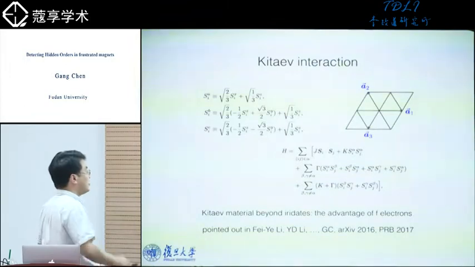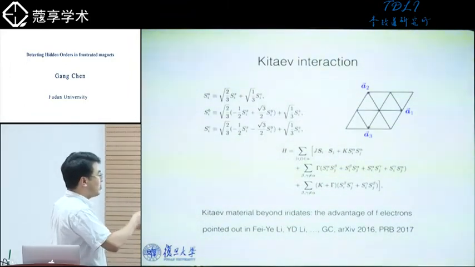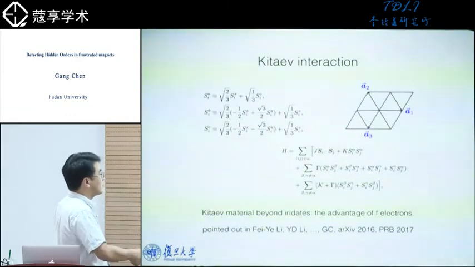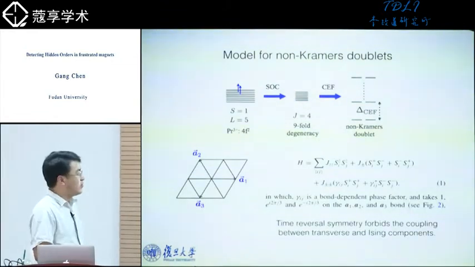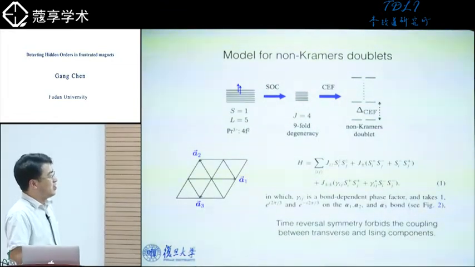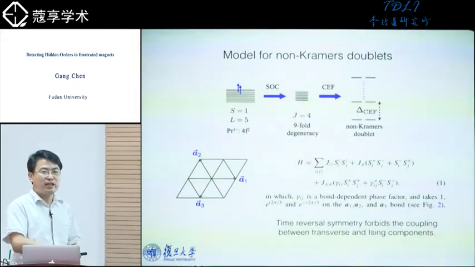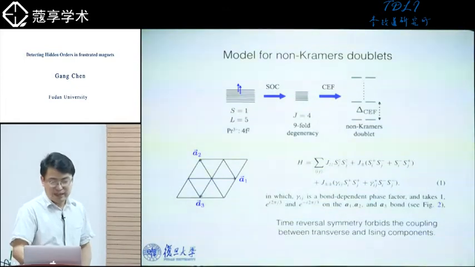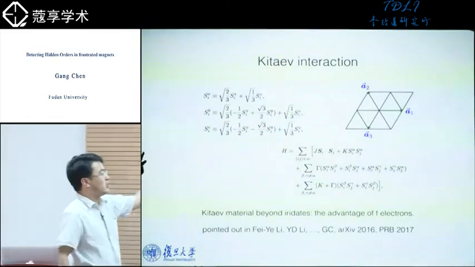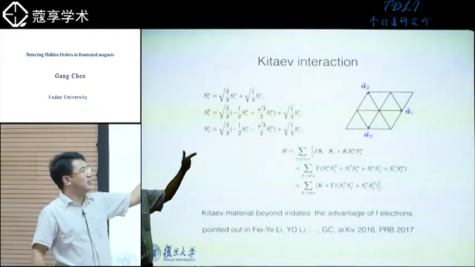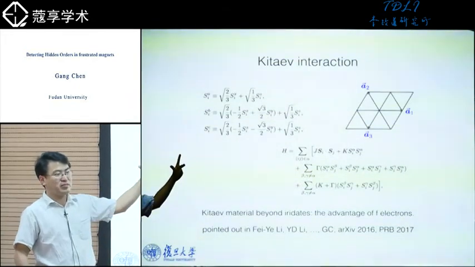So I just make a point and explicitly show for this Hamiltonian, which obviously does not look like a Kitaev Hamiltonian at all if I write the Hamiltonian in this fashion. But if I transform the coordinate in this fashion, define my spin basis as this one, rather than this and that, I use this as my spin coordinate.